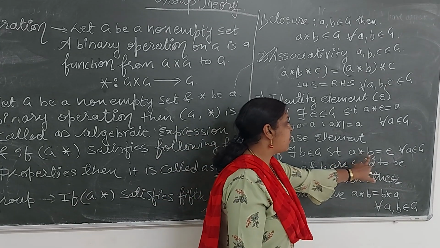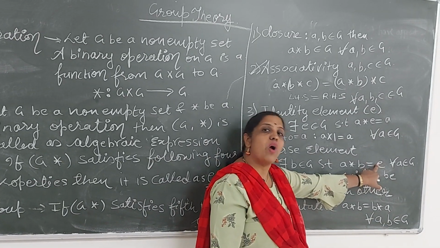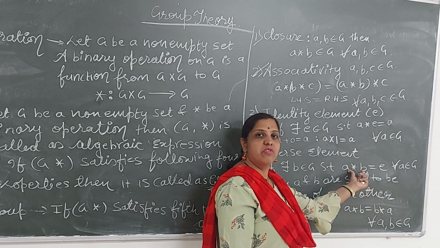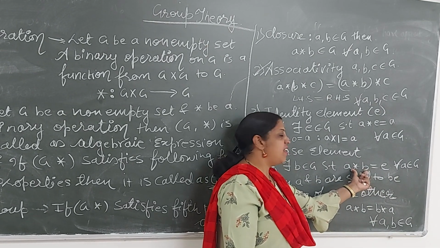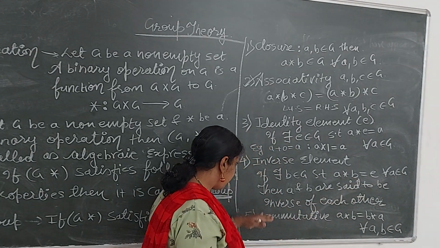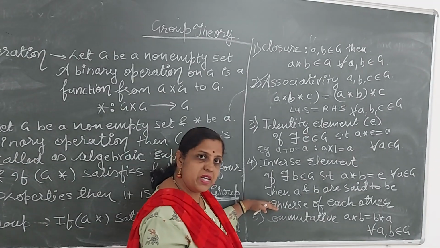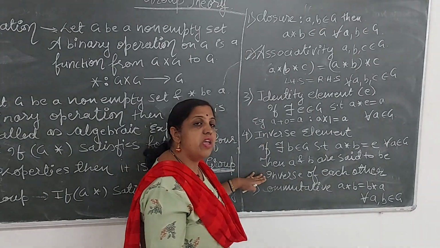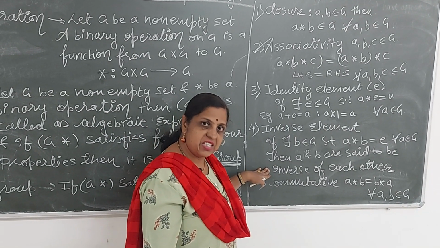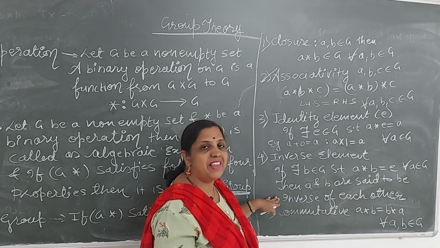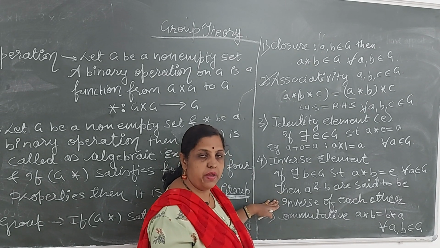Remember that their binary operation should be equal to the identity element. Then and only then will they be inverse of each other. So if these four properties, closure, associativity, identity and inverse, are satisfied by an algebraic structure G star, then we say that it is a group.